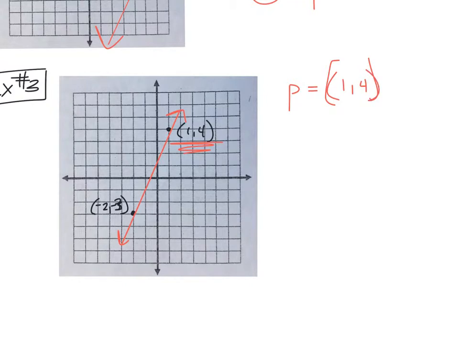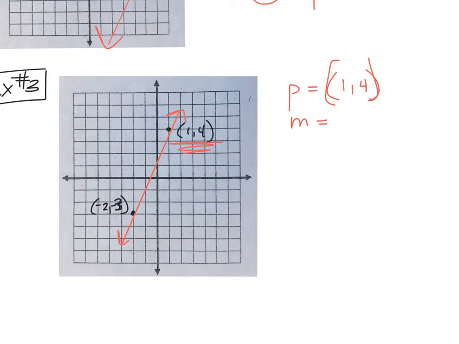So if I use the point 1, 4, then I just need to figure out what my slope is to be able to put it into point slope. How do you find slope in something like this? You could use the 2 points, right? Or you could count off your rise over run. So either one of those ways is fine.